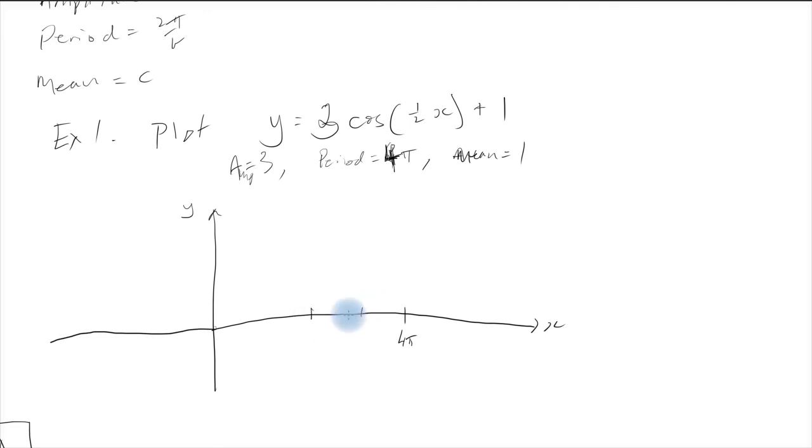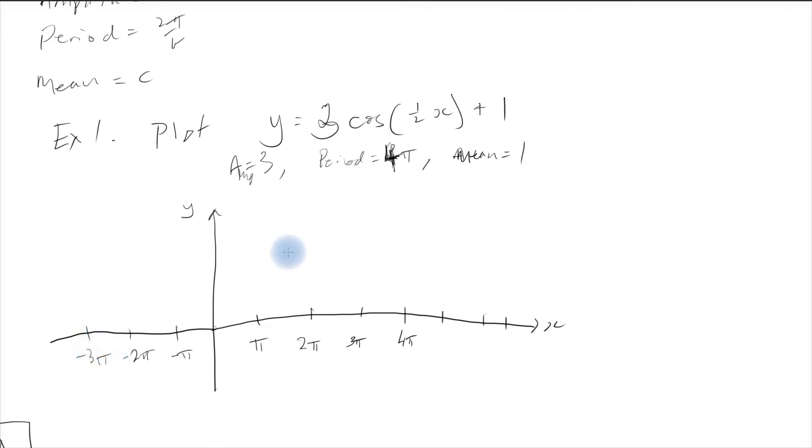It's sort of split into 4 quarters. So the halfway point is going to be 2 pi, and then we're going to have pi and 3 pi. And then it will go further in the other direction as well, so that'll be negative pi, negative 2 pi, negative 3 pi, and so on.